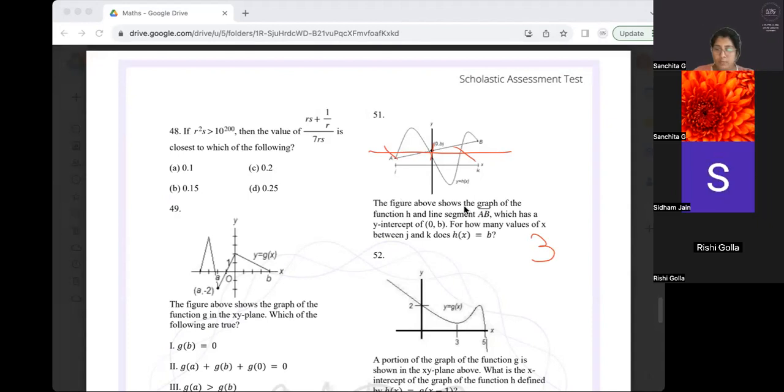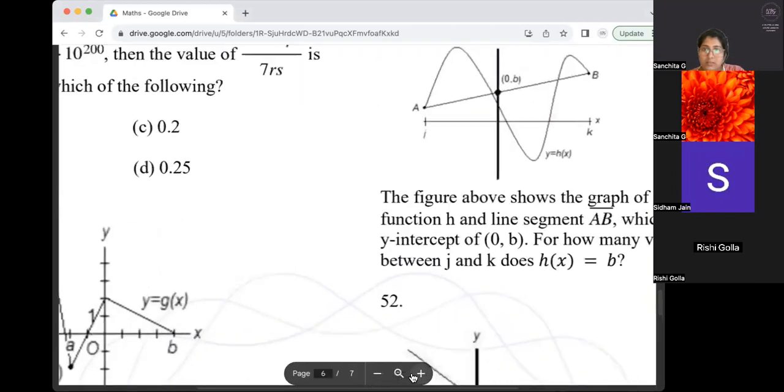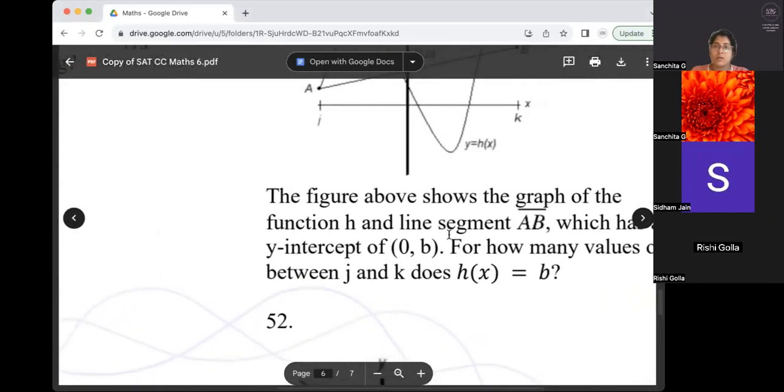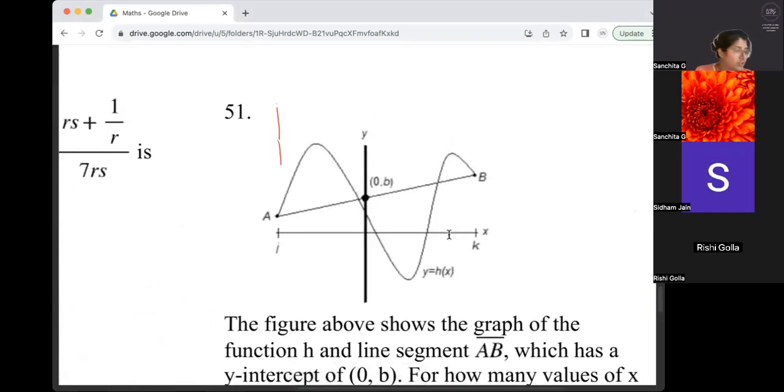Let's zoom in once. Now we are able to see the diagram clearly. So let's take J and this is K. Now we take a horizontal line.